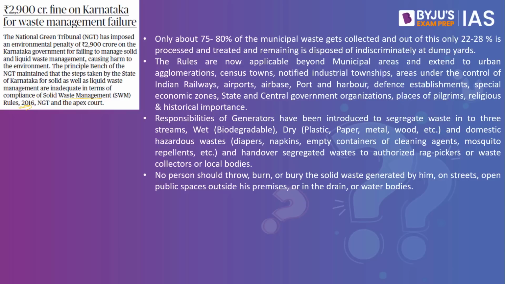How? Let's say, if we are speaking about the origin, what does it include? It includes domestic waste, industrial waste, commercial waste, construction waste, as well as institutional waste. Then we also have categorization on the basis of content. This basically means we have organic material, glass, metal, plastic, paper, and so on.